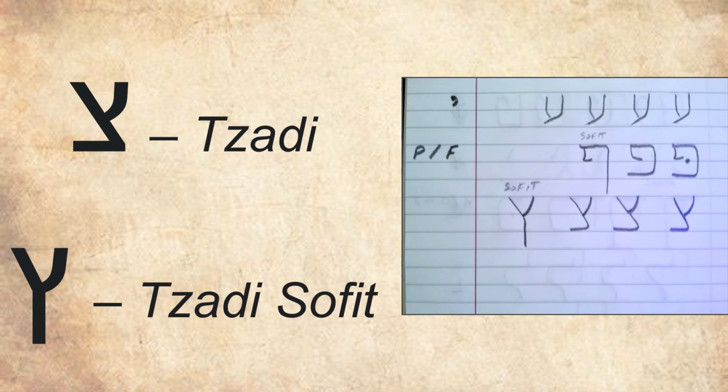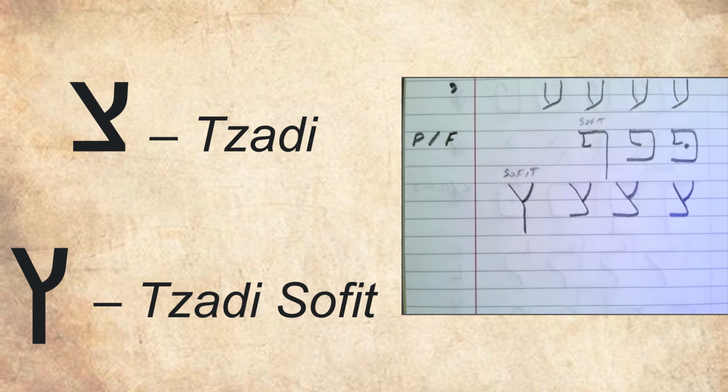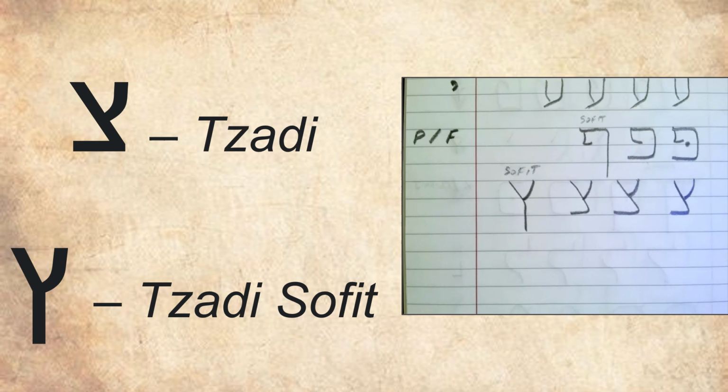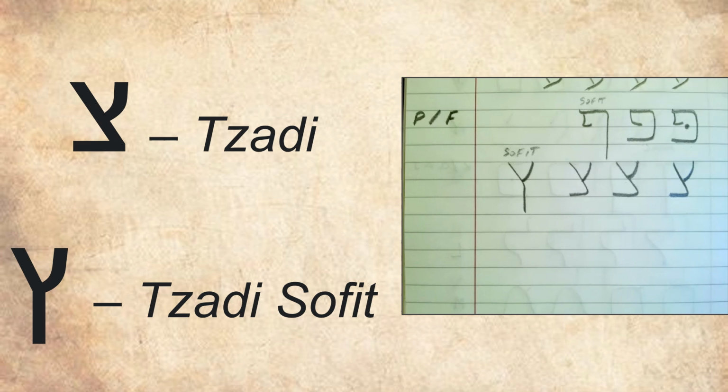Now, the letter Tzadi is another sibilant. It makes a sound like you're clicking your teeth, as in, imagine how the word cats ends. Cats, cats. And there are two ways to transliterate Tzadi, depending on your preference.